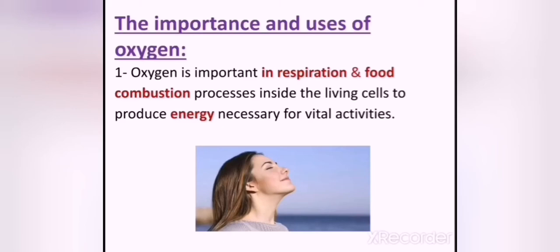Number one, oxygen is very important for the human and all living organisms because it's used in the respiration process and food combustion process inside the living cells to produce energy, necessary for vital activities. So you use the oxygen to respire, or in the food combustion process to produce the energy.